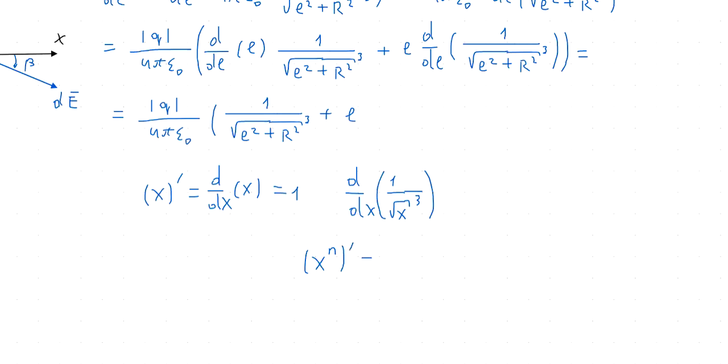It means d dx of x to the power of n will be n multiplied by x to the power of n minus 1. Okay, and what to do in this situation?